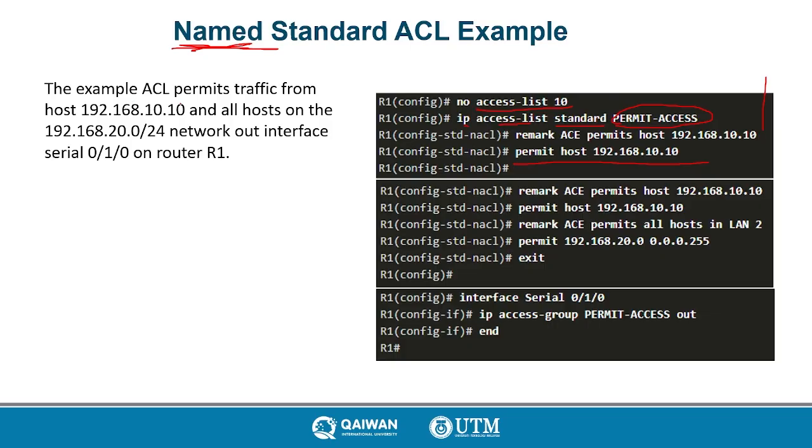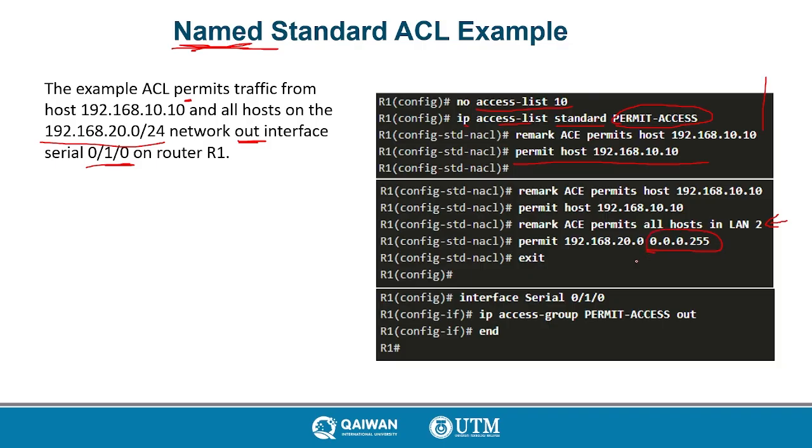We have this one. Again we have this subnet, we have outgoing and we have the serial. Now again in here we have something else, which is LAN 2, permit all hosts in LAN 2. It will give it a wildcard mask.